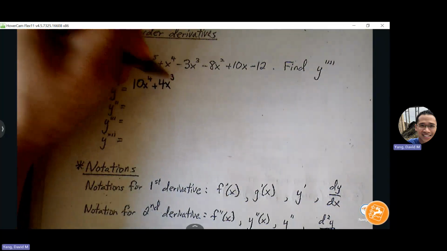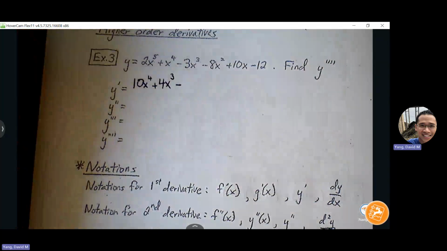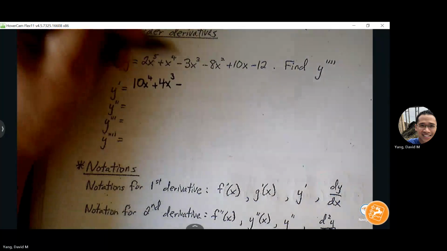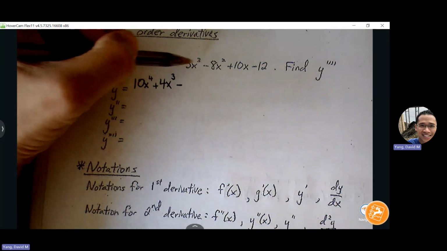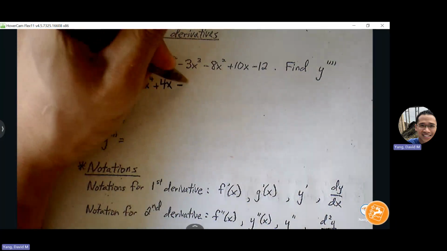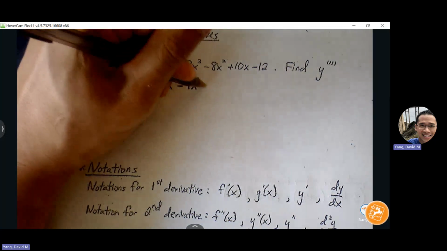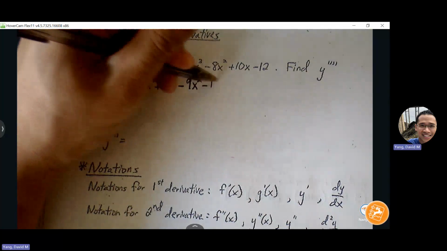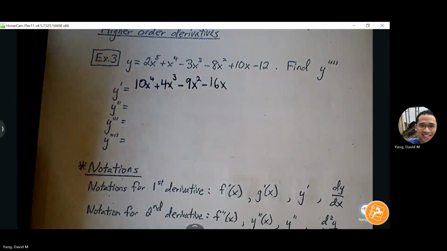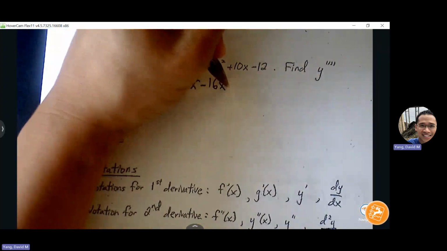third. Yep, we subtract 1 from the exponent. What's the next one? Yeah, 6x. 9x squared. Yeah, we'll bring the 3 down, multiply with the 3 in front, 9x squared minus 16x plus 10.